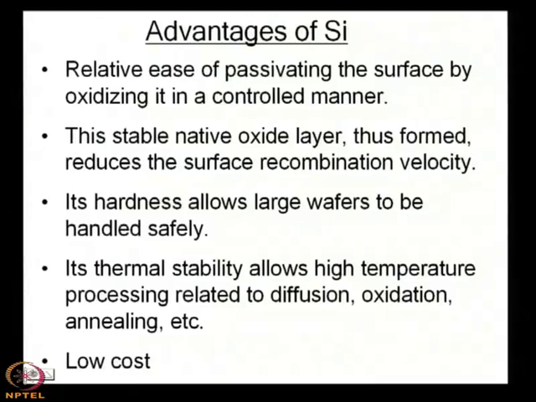So, that is another advantage, that high thermal stability it allows, and low cost, because you know that silicon is basically freely available in nature, it is abundant. So, the cost is very low compared to other materials, because other materials cannot be naturally obtained, say germanium or gallium arsenide or indium phosphide or nitride semiconductors, naturally they are not generated.